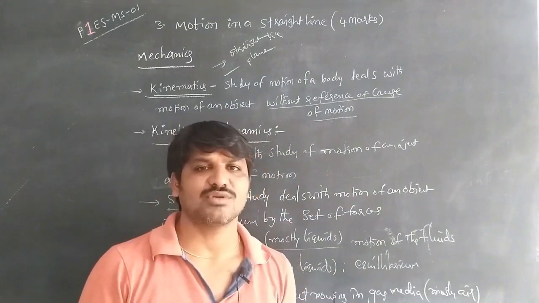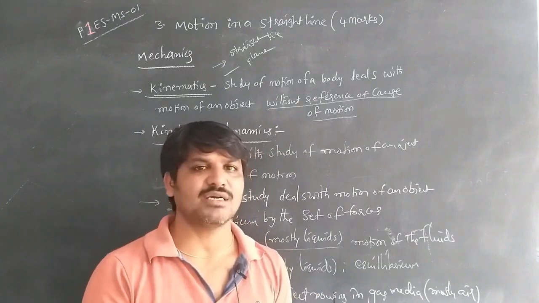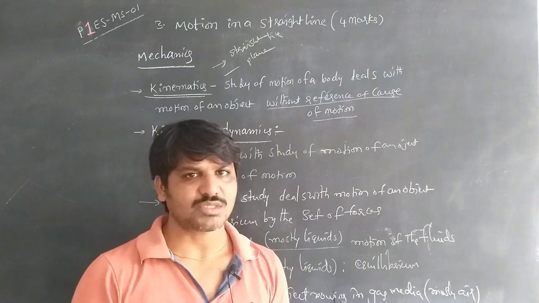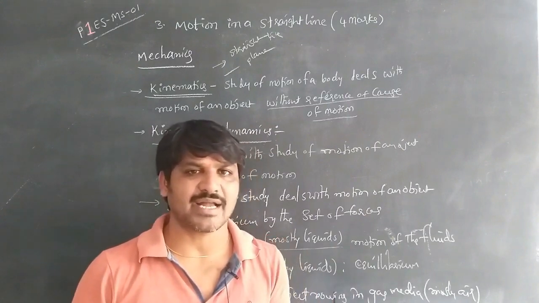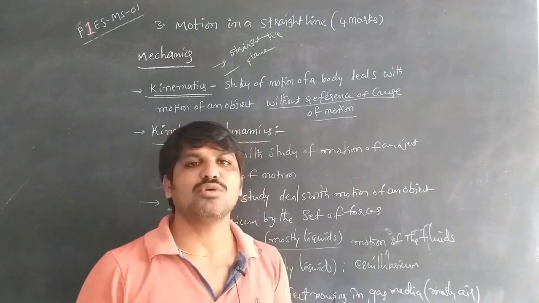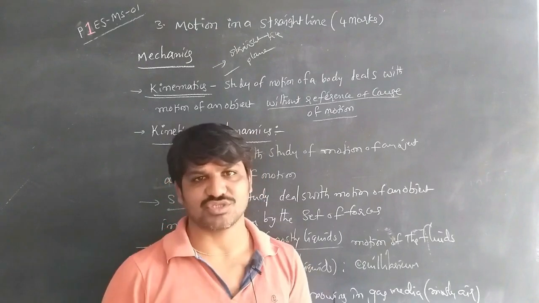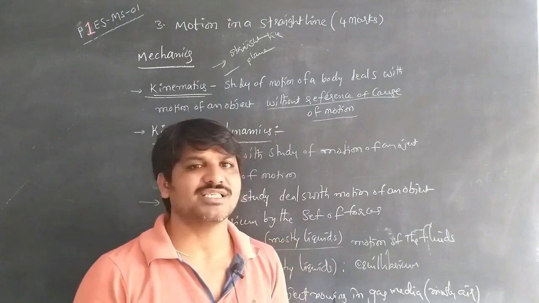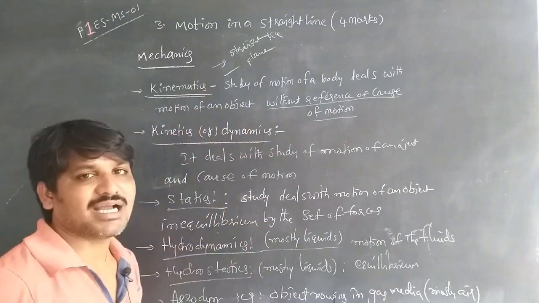We only discuss, when the body is in motion, what parameters are involved during the motion. So kinematics is the study of the branch of mechanics that deals with the motion of an object without reference to the cause of motion.